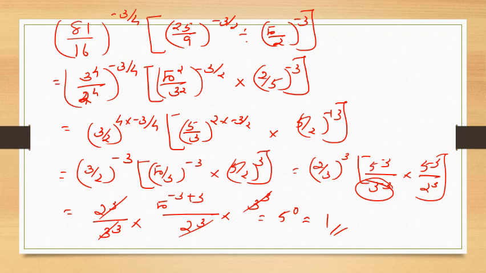Now another question. Find x or solve x. Solve 4 raised to 2x is equal to 1 by 32.